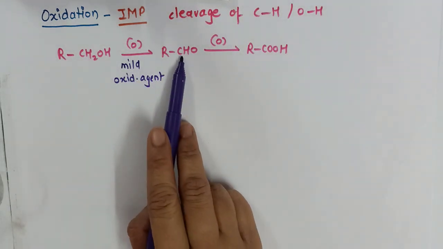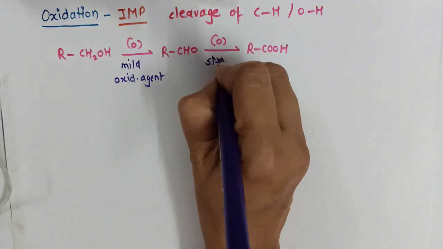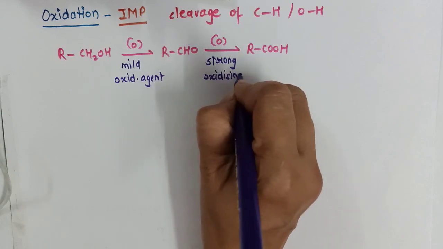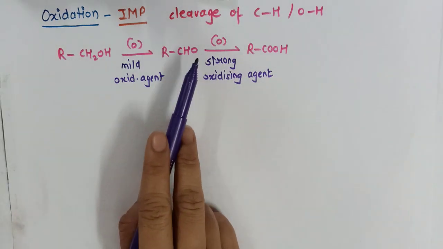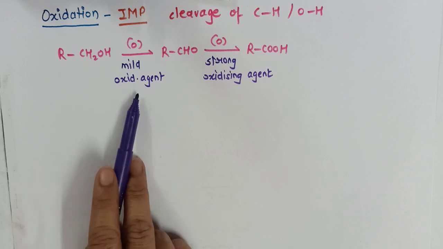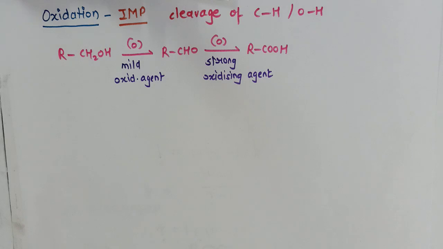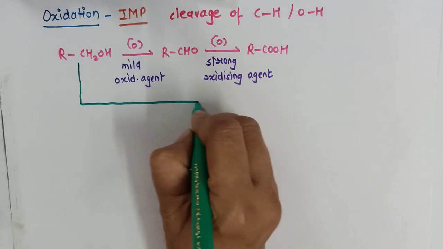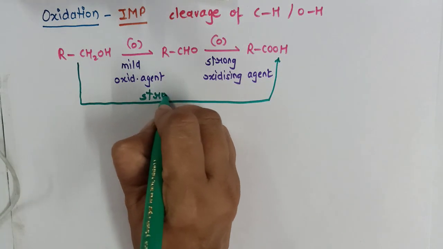And when we are converting aldehyde to carboxylic acid, we need a strong oxidizing agent. So suppose any reaction requires the conversion of alcohol to aldehyde, you have to take a mild oxidizing agent. And suppose any reaction requires the conversion of alcohol directly to acid, then in that case we can convert it directly by using a very strong oxidizing agent.